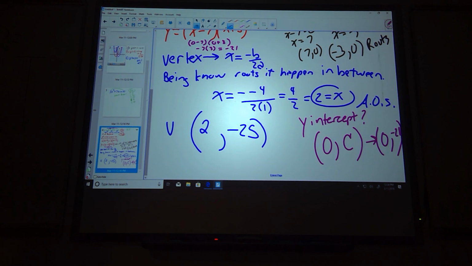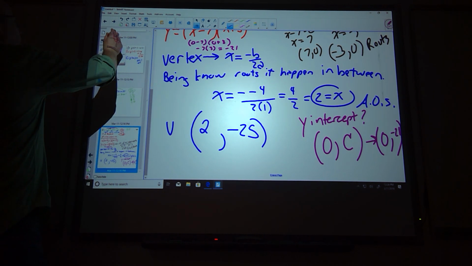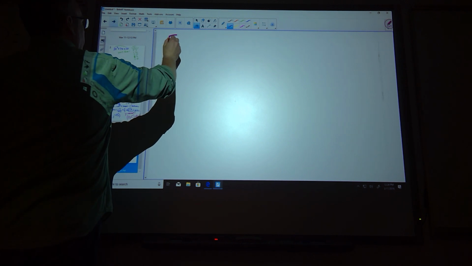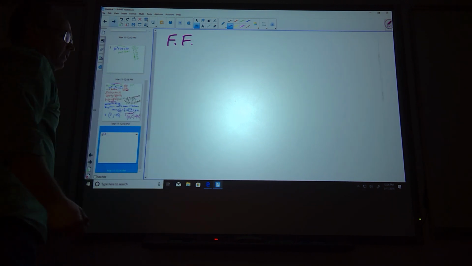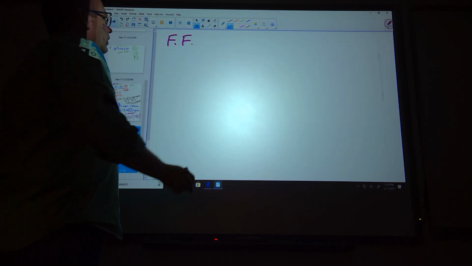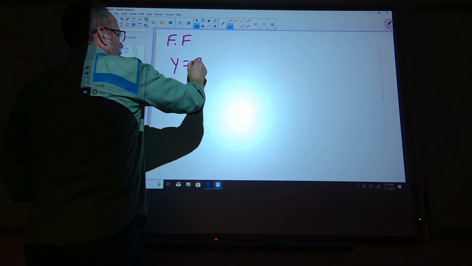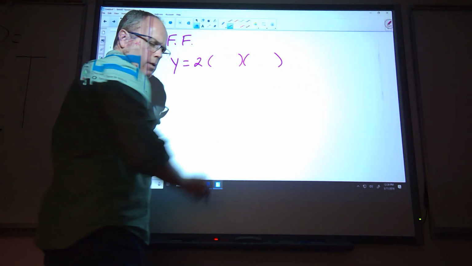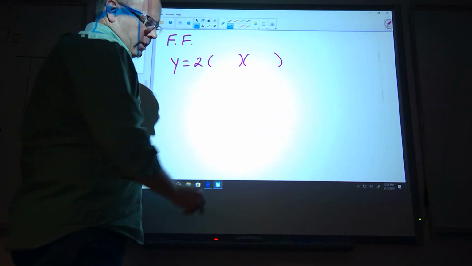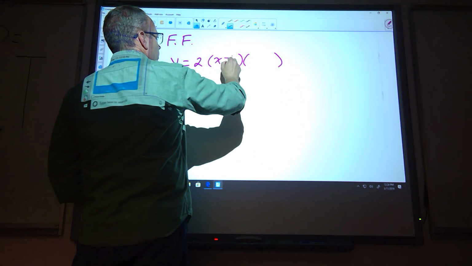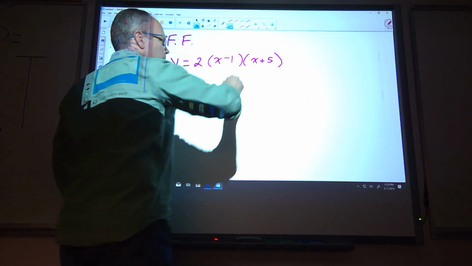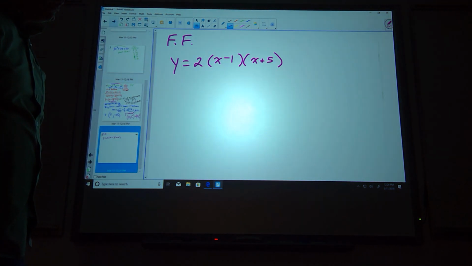So the next one says, we're giving you something that's already in factored form. We'll call that FF. And so they're saying that y is equal to 2, x minus 1, x plus 5. Okay?